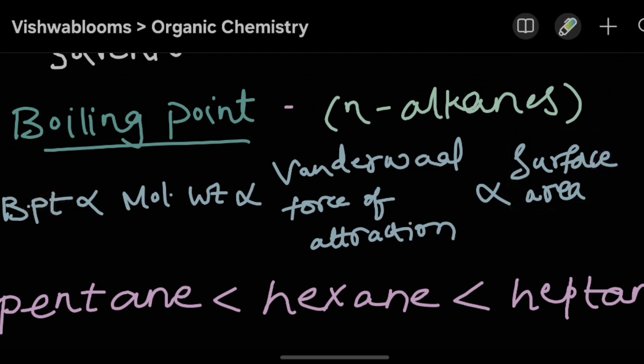Now let us understand a simple example first. Here we have pentane, hexane and heptane. We'll write the structures as we discuss n-alkanes. I am going to write it in this chain form.